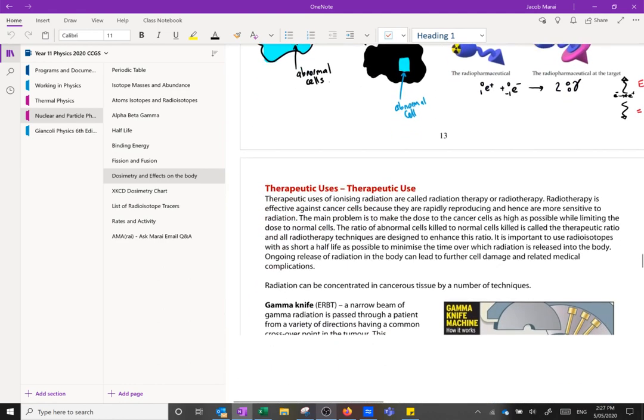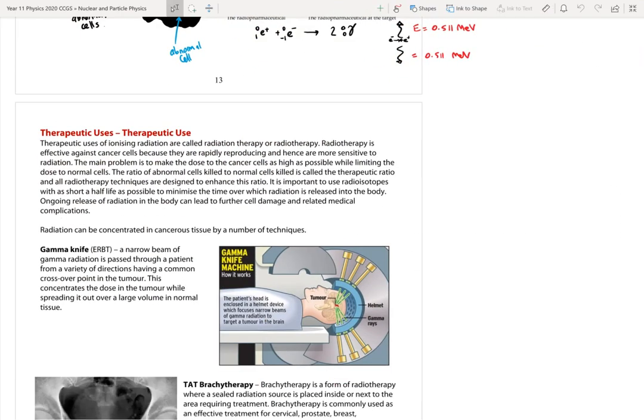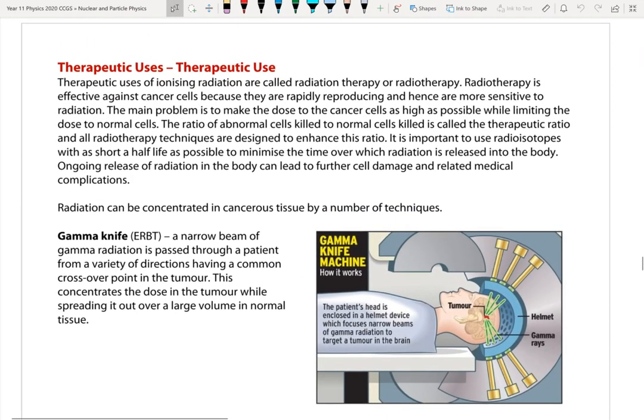The next one is therapeutic uses. So now we've found the tumor. We've localized it. We might have taken a little biopsy of it and gone, yep, this is a bad tumor. It's growing rapidly, and if we leave it, it's going to keep taking over and it's going to cause bad stuff to happen. So now we need to treat it.